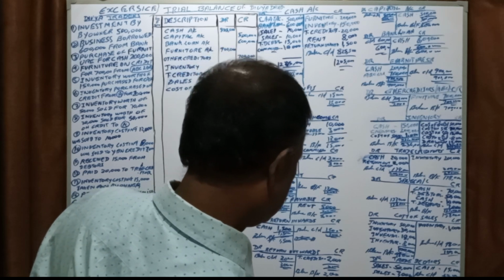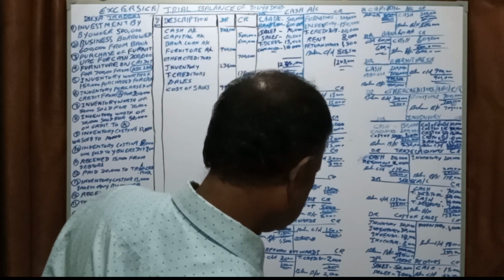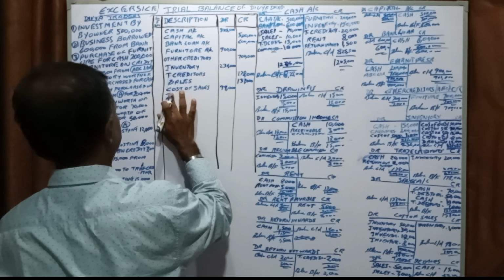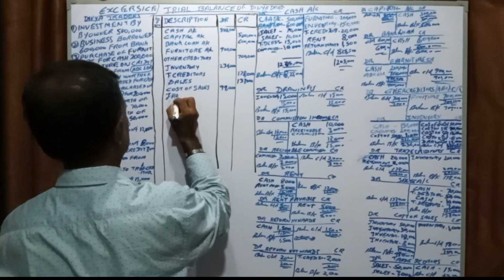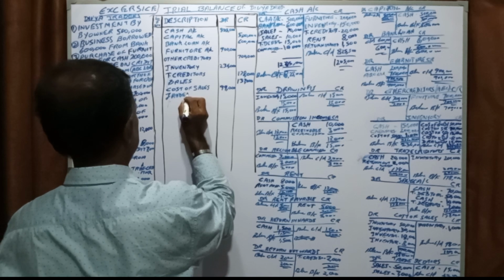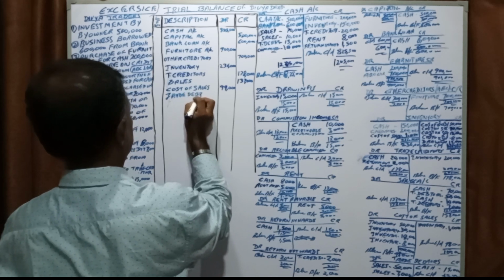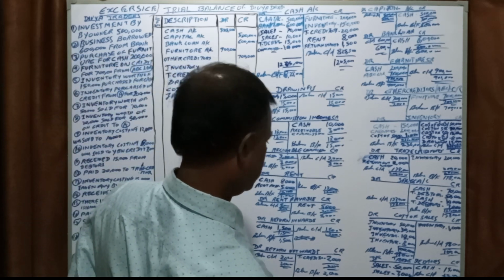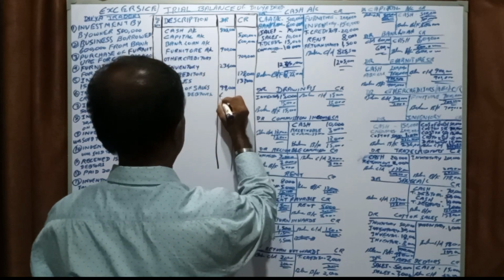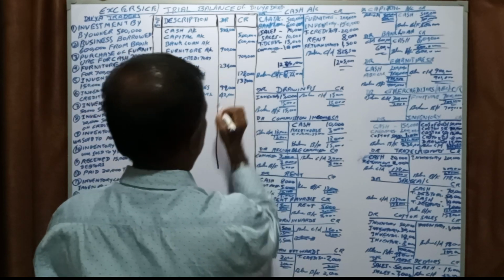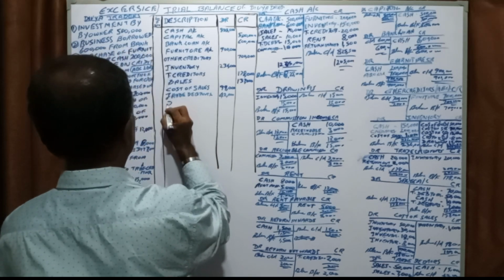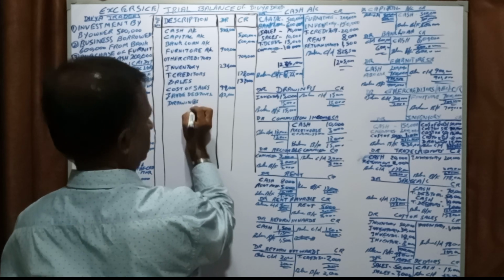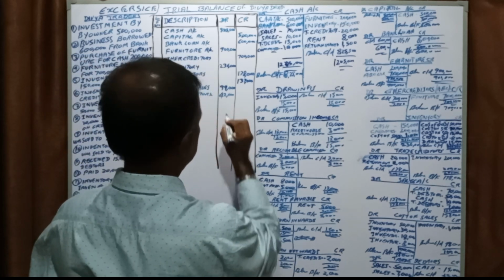And trade debtors had a balance of 42,000 debit, and drawings has a balance of 15,000 debit.